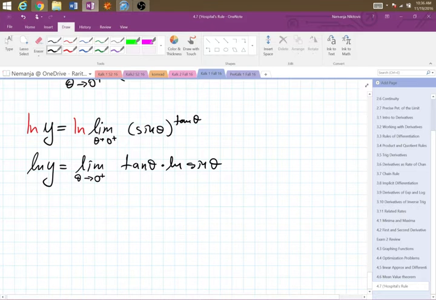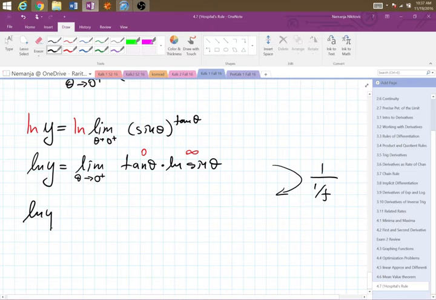Tangent of 0 is 0, and sine of 0 is 0, ln of 0 is infinity. Positive, negative, infinity doesn't matter. So we have 0 times infinity, in which case we use the 1 over f trick.